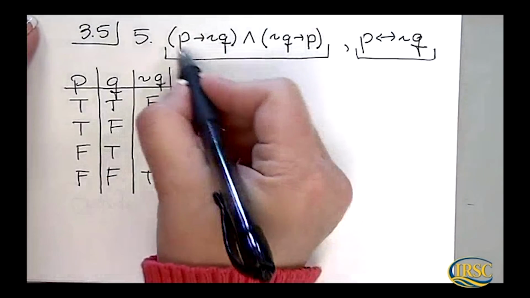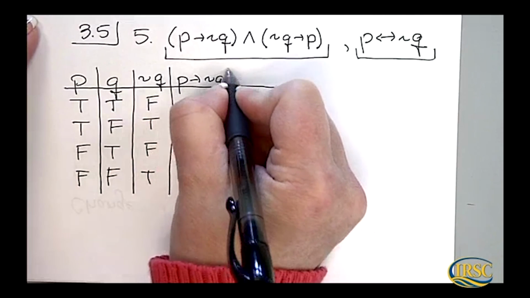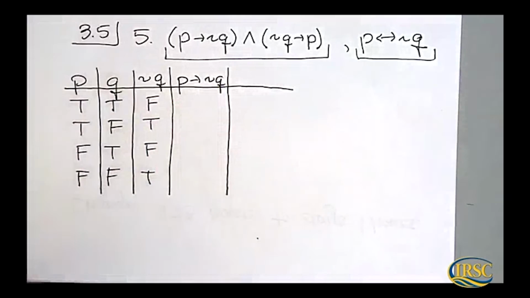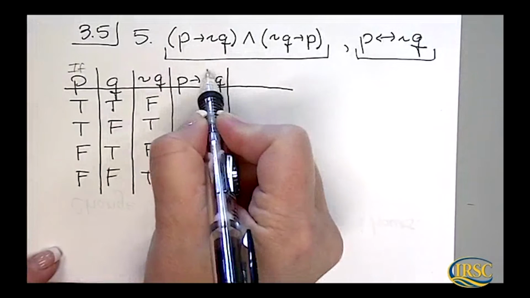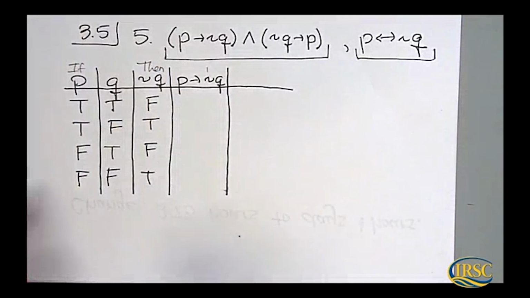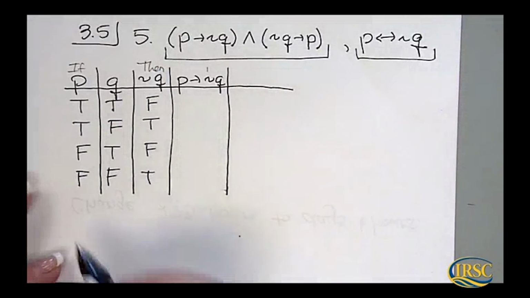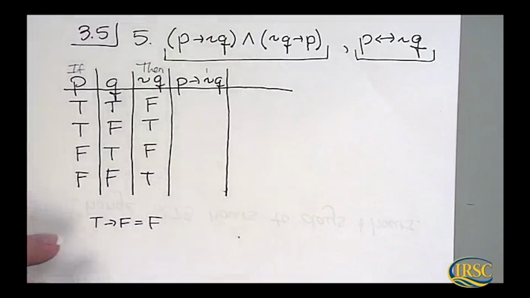And then I'm going to start with the first parentheses. If P, then not Q. Okay, so the P is the if part, and the not Q is the then part. And remember that the only time an if-then is false is when it's if true, then false. That equals false.